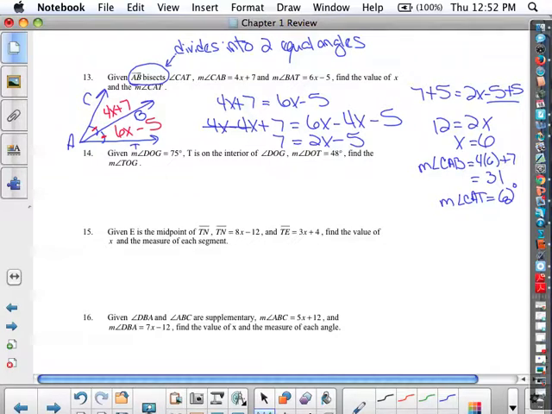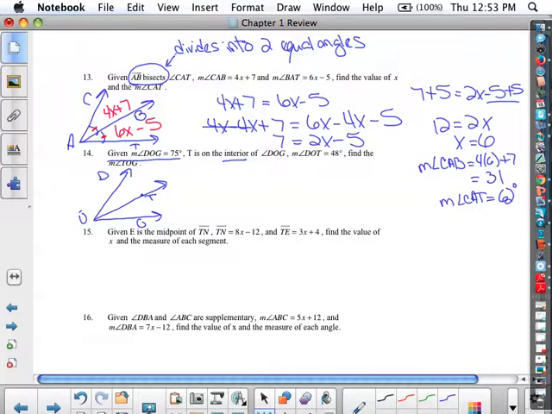Number 14, here you're given an angle, DOG, and T is on the interior. That means it's inside. We don't know where. We don't know that it bisects, so don't think that it does.